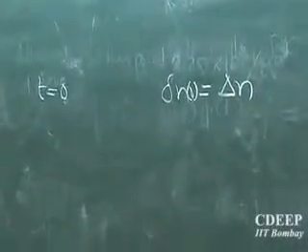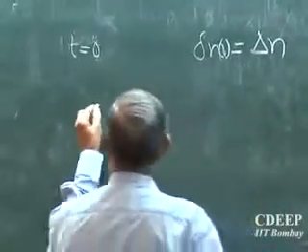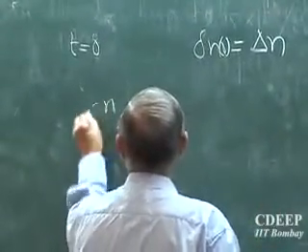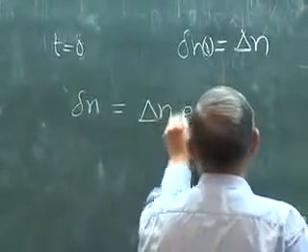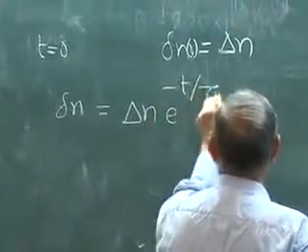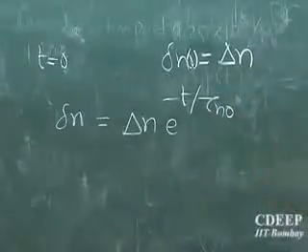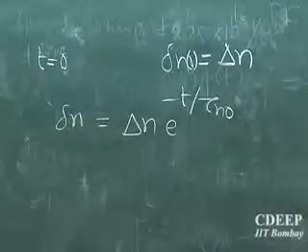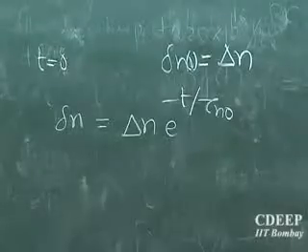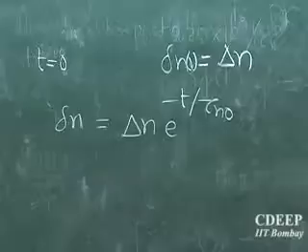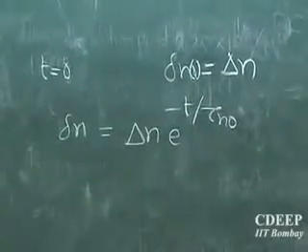In that case, the solution will become delta n t is equal to capital delta n e to the power minus t by tau n. If that is the initial condition, at t is equal to 0 the carrier concentration is delta n.